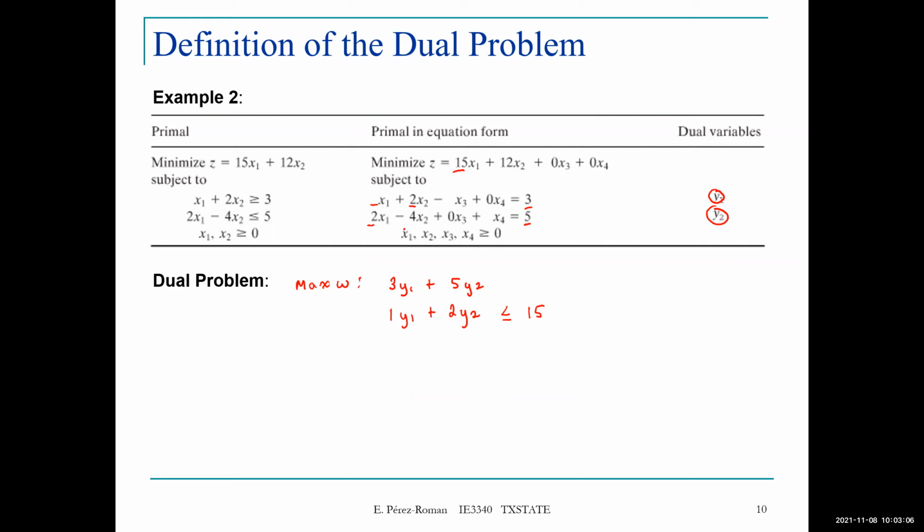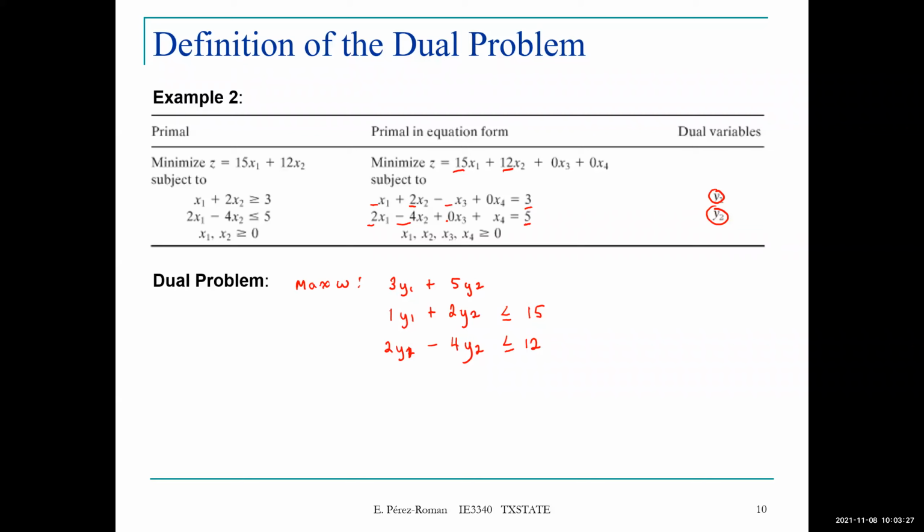Good. So we're going to repeat this process. Now we're going to look at the coefficients of the second decision variable. So we had 2y2 minus 4, I'm sorry, y1 or y2 less than or equal to 12.